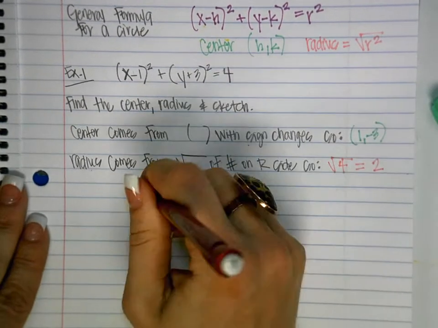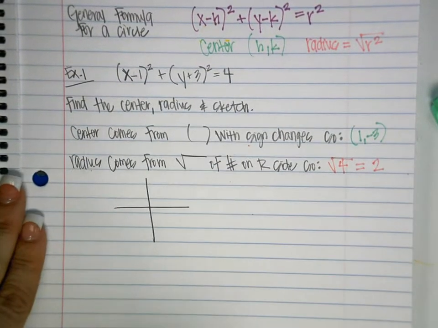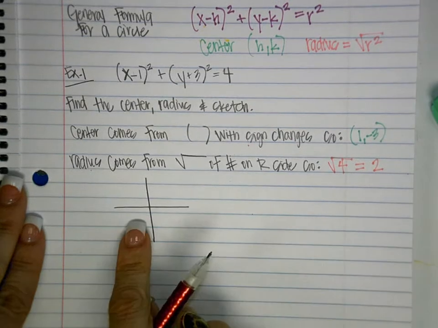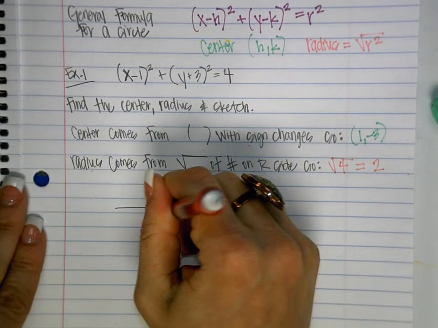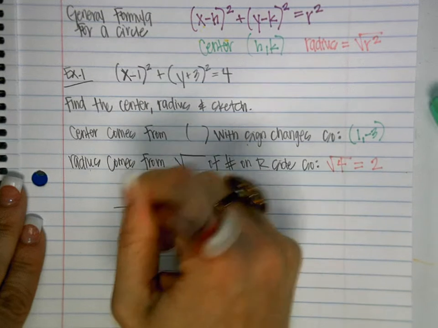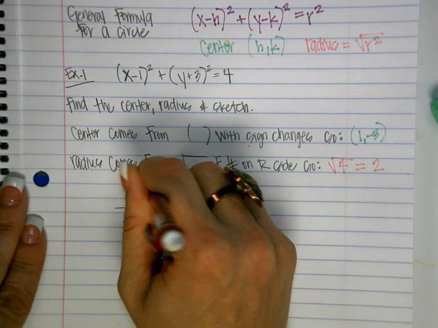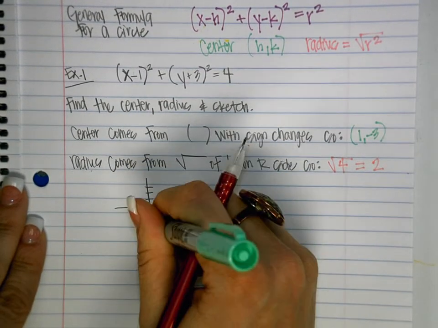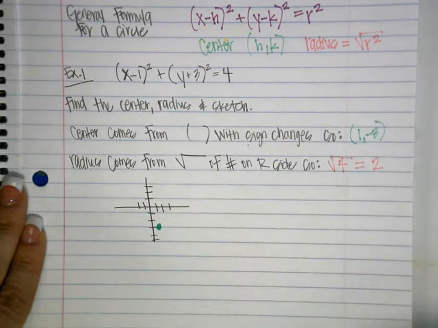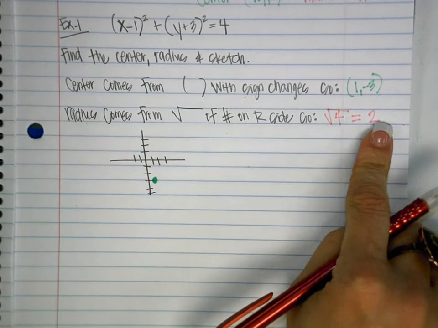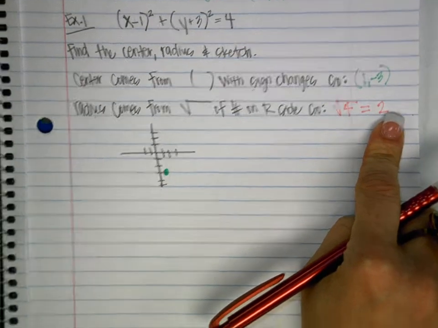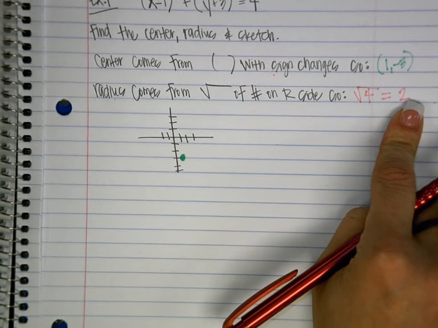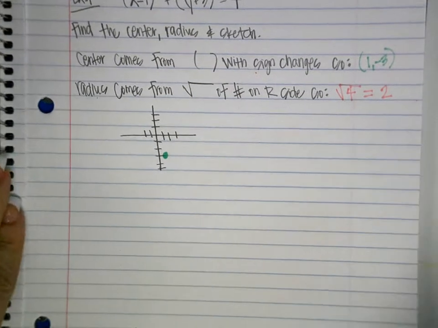Then for our sketch, just make a really simple sketch. Okay, my center is at over 1, down 3. So over 1, down 3. Then what do you know about the radius? The radius is what in relation to the circle? The distance from the center to the outside.